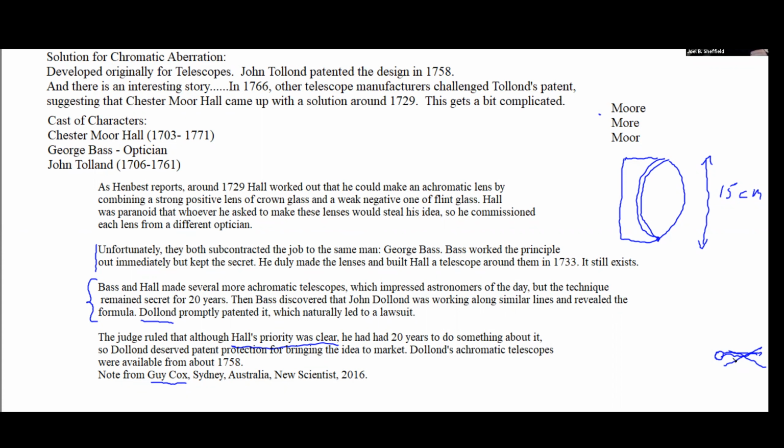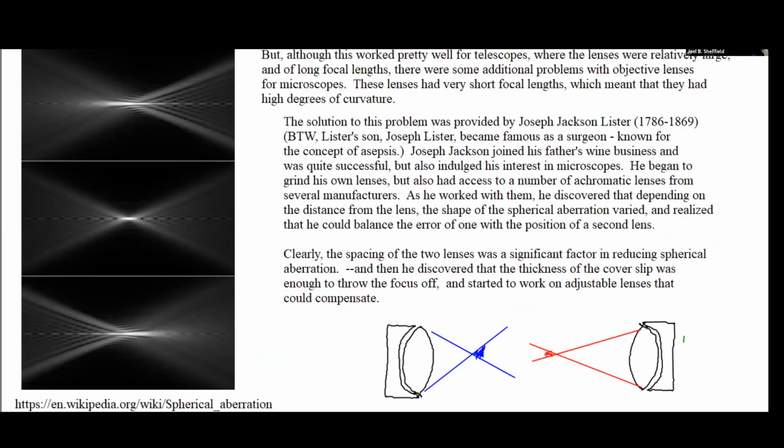So now we have to move forward about 70 years, interestingly enough, to a man by the name of Joseph Jackson Lister. See, where is his name? Here. Once again, this is a little tricky to find out about because Joseph Jackson Lister had a son named Joseph Lister.